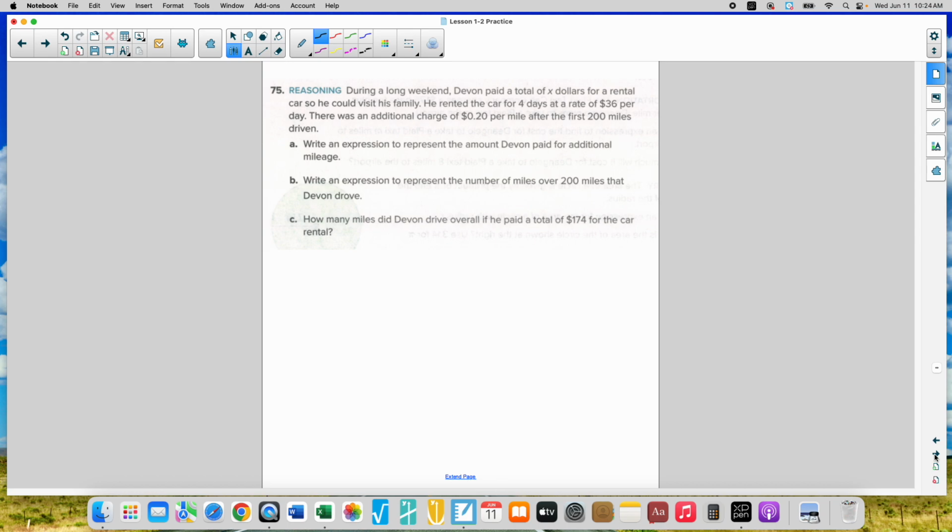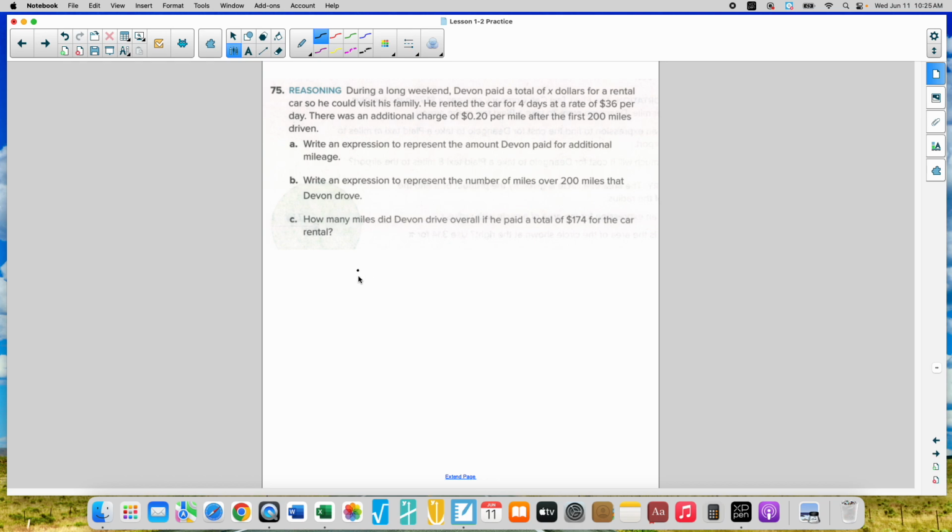Good. During a long weekend, Devin paid a total of X dollars for a rental car so he could visit his family. He rented the car for 4 days at a rate of $36 per day. There was an additional charge of 20 cents per mile after the first 200 miles driven. Write an expression to represent the amount Devin paid for additional mileage.